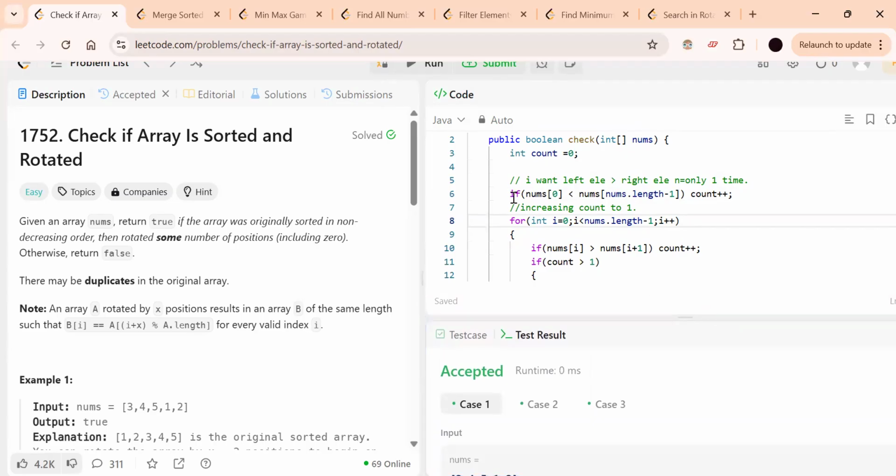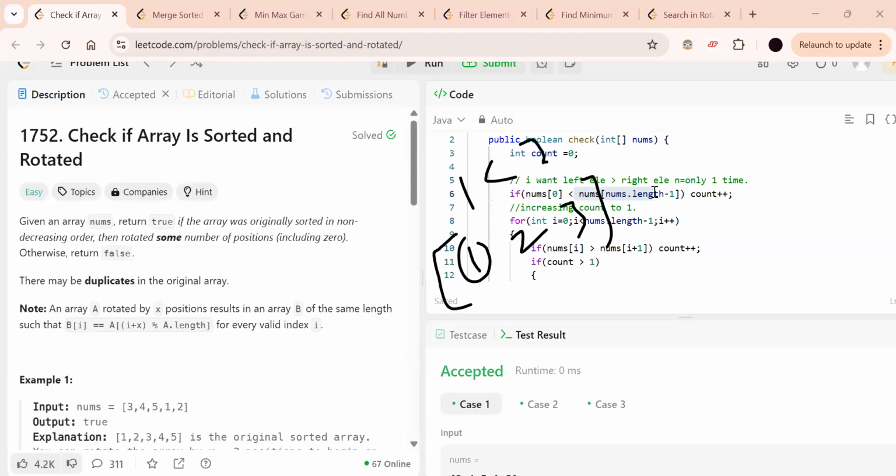I hope you understand this one. Pause this video, take a pen and paper out and try with an example. It makes it clearer. If the first element is less than the last element, like 1, 2, 3, where 1 is less than 3, this is a proper sorted array, rotated 0 times.